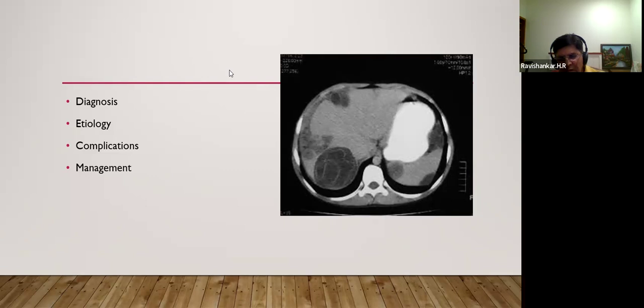Under direct vision, the camera also has to go into the cyst, and the 10 mm suction has to be inserted to suck out all the daughter cysts and the sand and everything. And then, as Niranjan said, after you have sucked it all out, instill scolicidal agent.